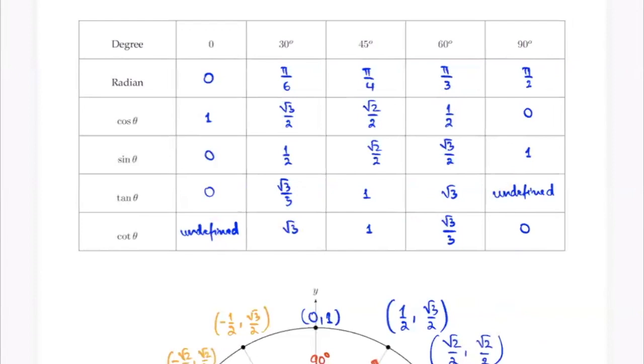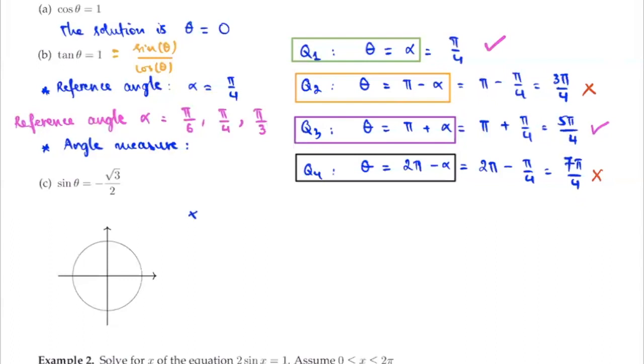Sine of 60 degrees or pi over 3 will give you square root of 3 over 2. So that is the reference angle, alpha equal to pi over 3, or a 60-degree angle.